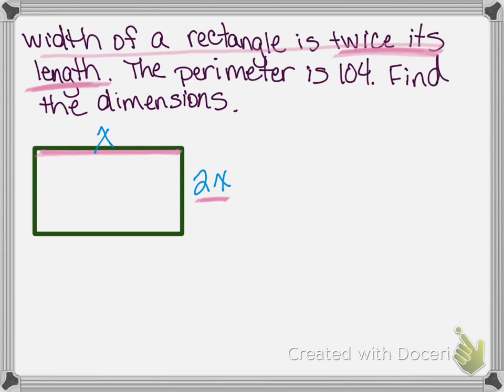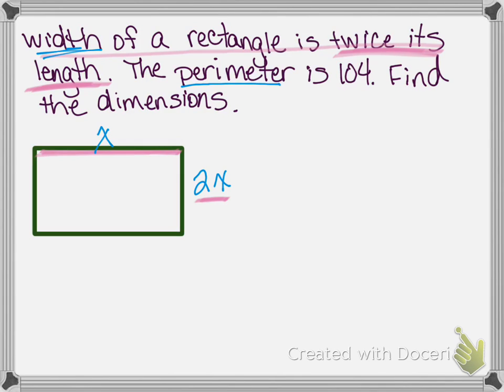Don't look at the pictures to determine what's bigger or what's smaller. Okay, because 2x is definitely bigger than just x, but the way we labeled it, typically your length is bigger than your width. So don't get upset about this when you end up labeling it and you've got 2x and x. Okay, now then I'm told the perimeter is 104.